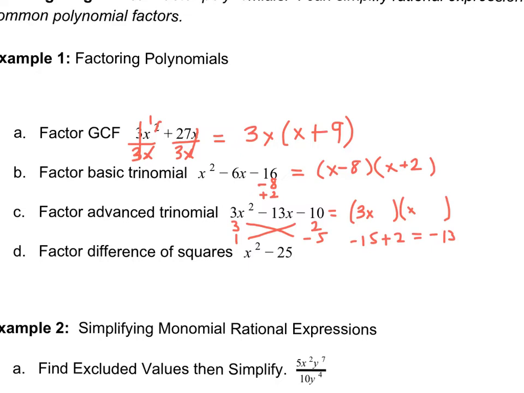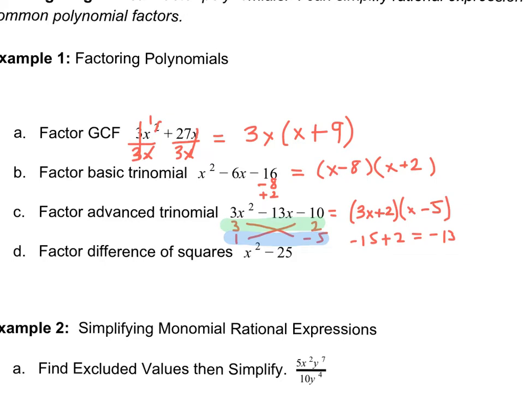Now that number should match your middle term of your polynomial, which in this case it does, which now shows us that our polynomial factors are 3x plus 2, those top two numbers, and then x minus 5, those bottom two numbers. So we'll fill that in. (3x plus 2, x minus 5).